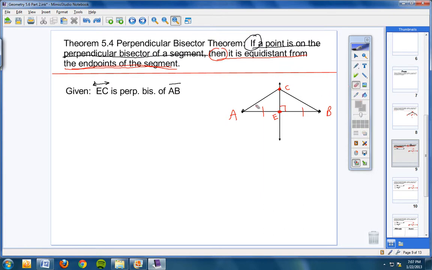So what does that mean? Well, that means you're proving that segment AC is congruent to segment CB. You're trying to prove this segment right here, AC, is congruent to CB. That's what you're proving. Okay?